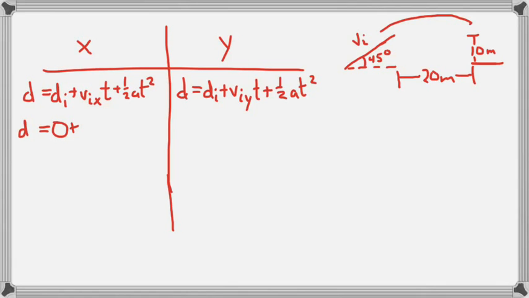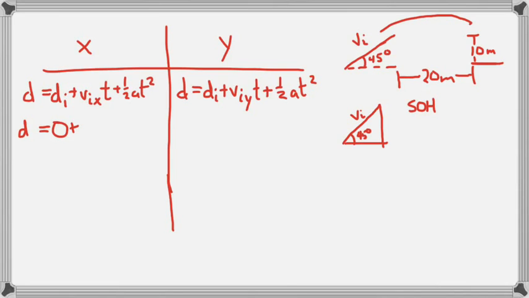So let's draw a quick triangle. And if that's 45 degrees, and this is some value Vi, then we know from SOHCAHTOA that sine is equal to opposite over hypotenuse.